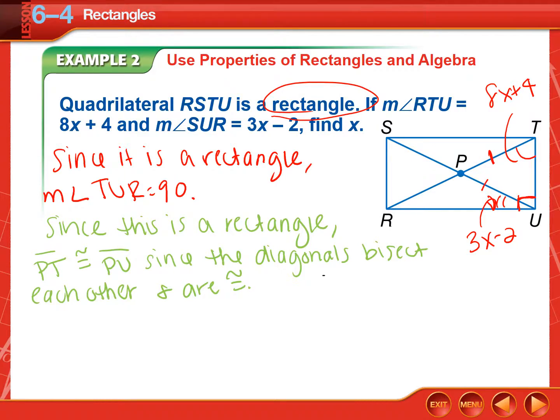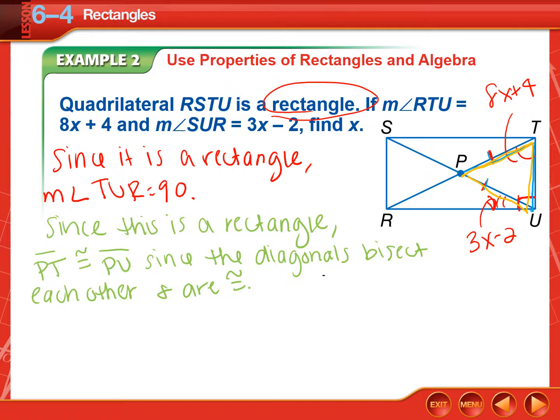Now notice that since these are congruent to each other, we now have an isosceles triangle here. Let me use a different color to kind of point that out. Right here is an isosceles triangle.